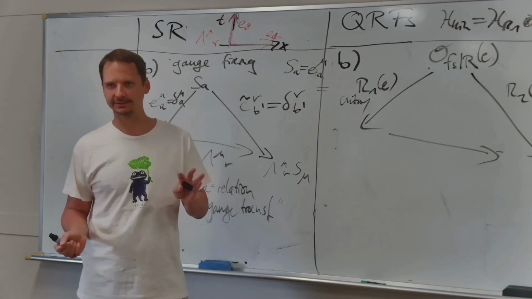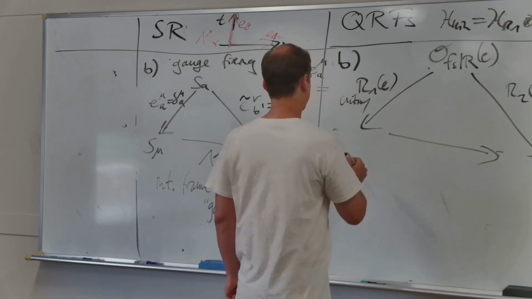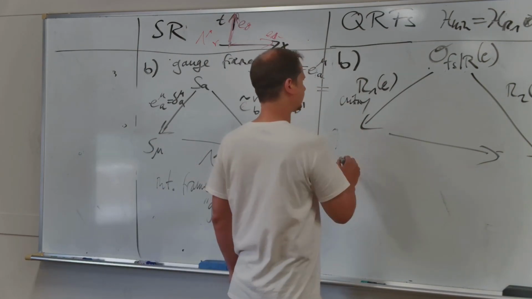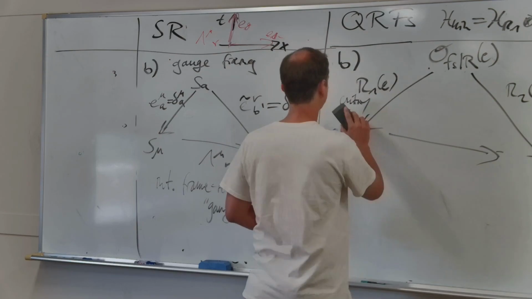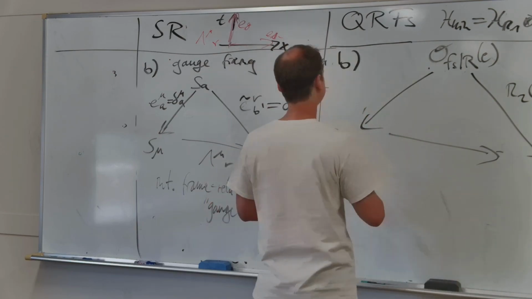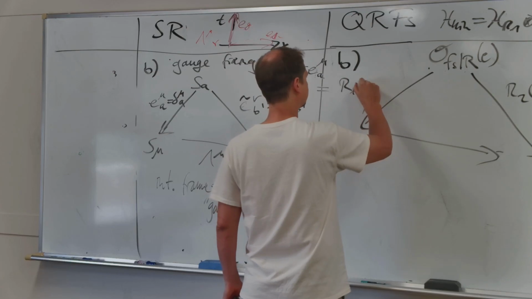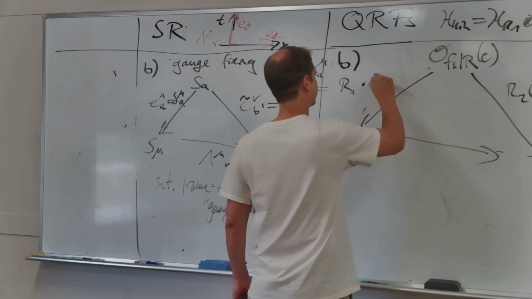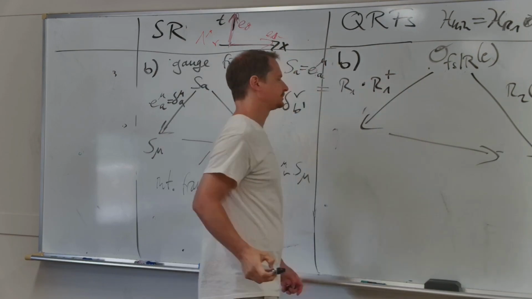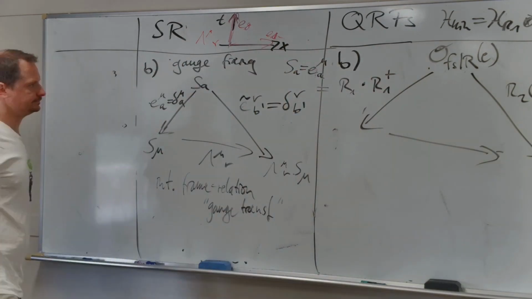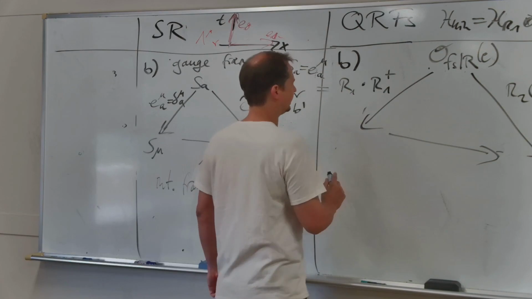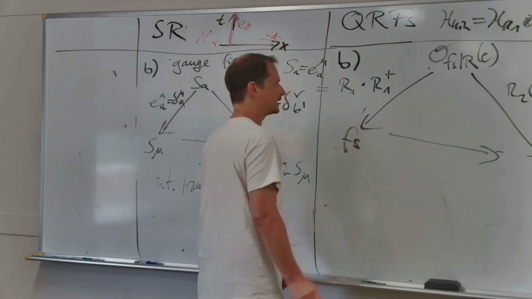What happens for non-ideal, I will explain later. This will actually be mapped, sorry, I should do conjugation now, so I have R_1 and R_1 dagger. Then you can show that you just get F_s in this case.